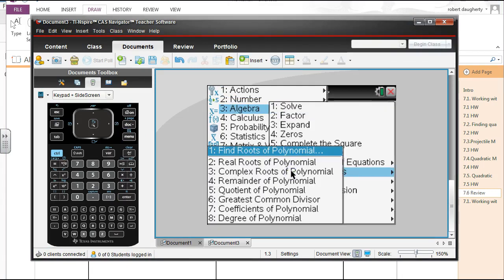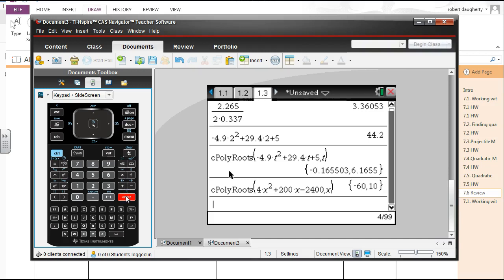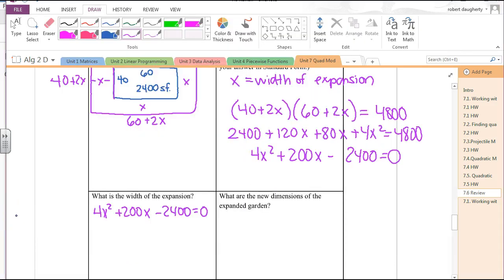Algebra, polynomial, complex roots. 4x squared plus 200x minus 2,400. Solve that, please, for x. Negative 60 and 10. So my expansion can be negative 60 feet, probably not good, or 10 feet. So x is 10 feet.